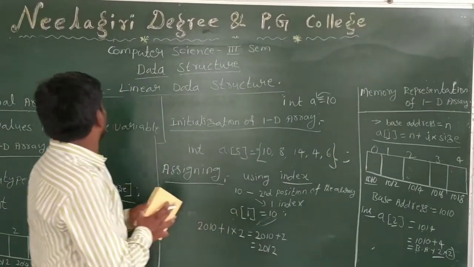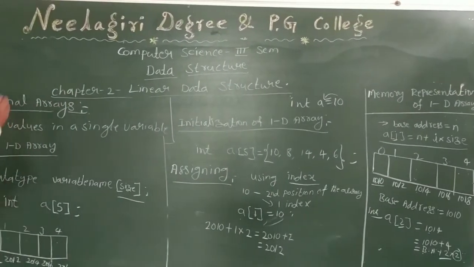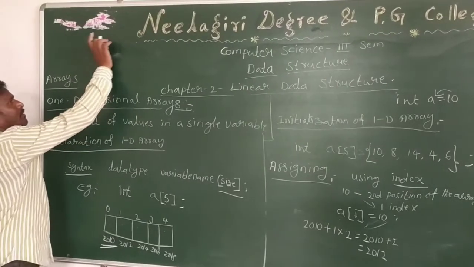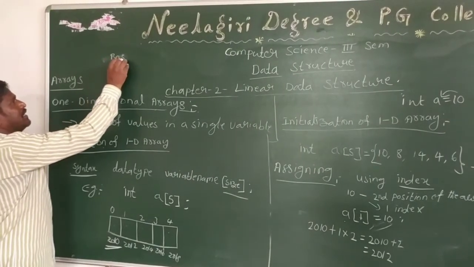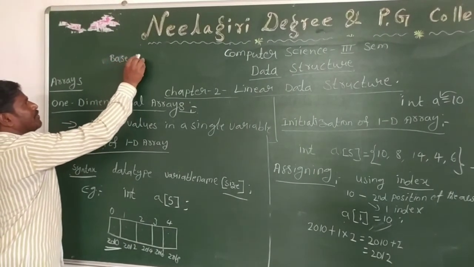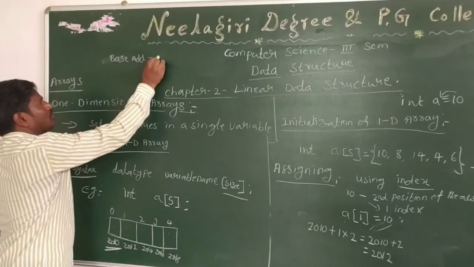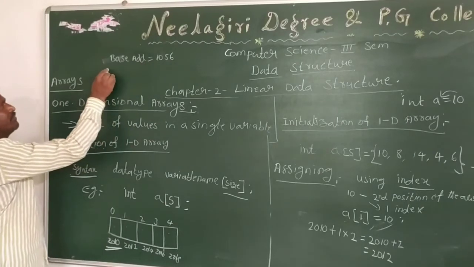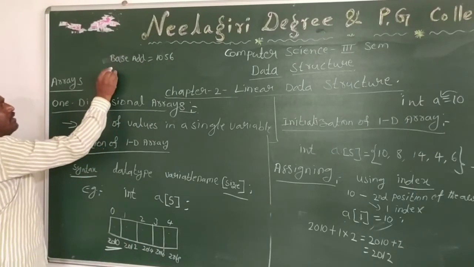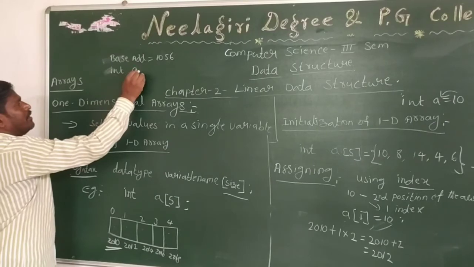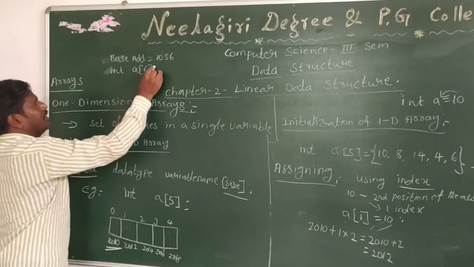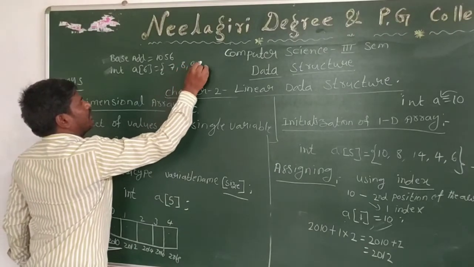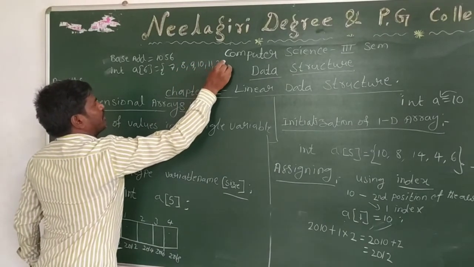A simple example I will give. Question type 1. The base address is 1056 and integer A of 6 is equal to 7, 8, 9, 10, 11, 20.